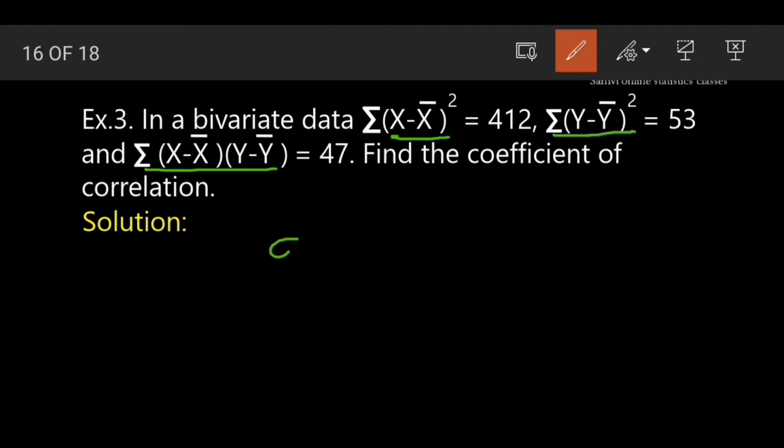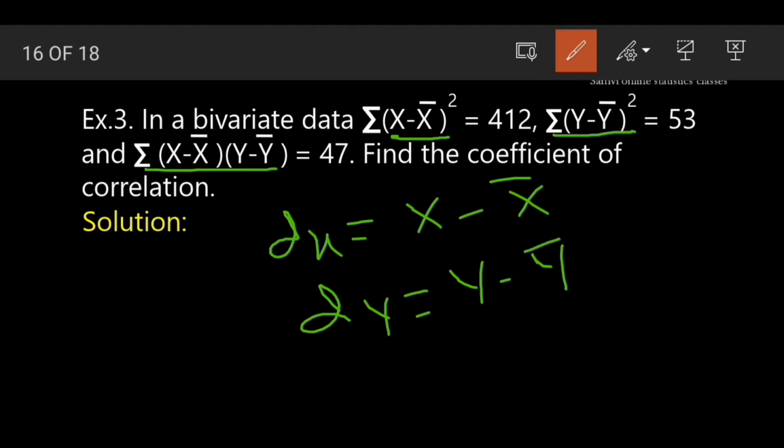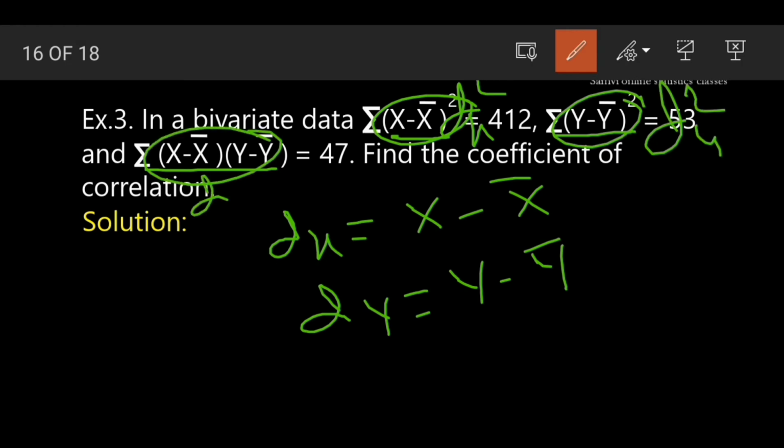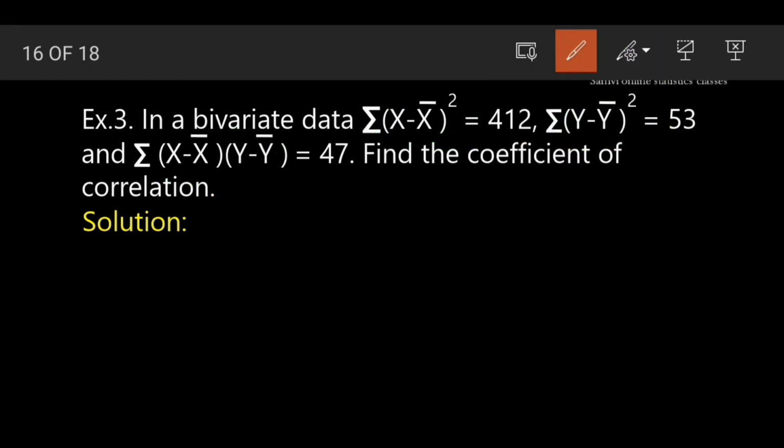Let us consider dx equal to x minus x bar and dy equal to y minus y bar. That means this is dx square, this will be dy square, and this one is dx into dy. Getting? So let us discuss this one.